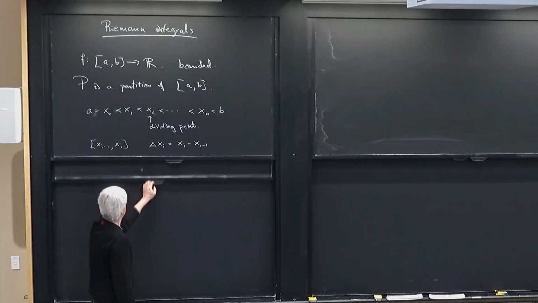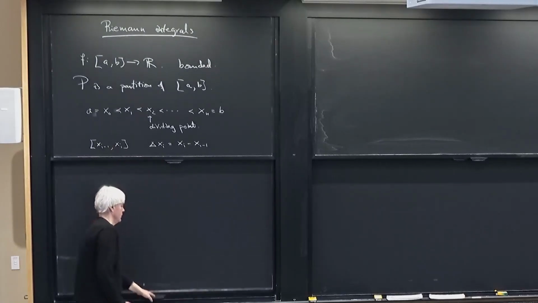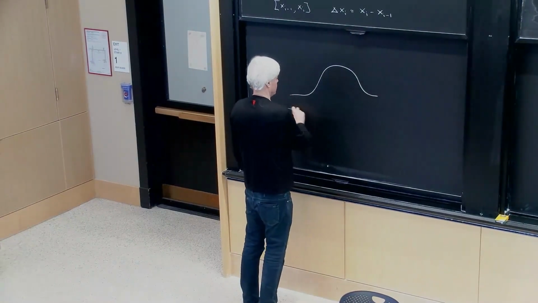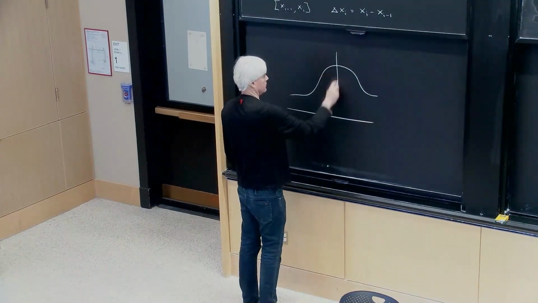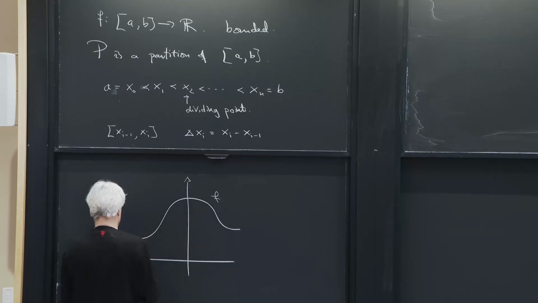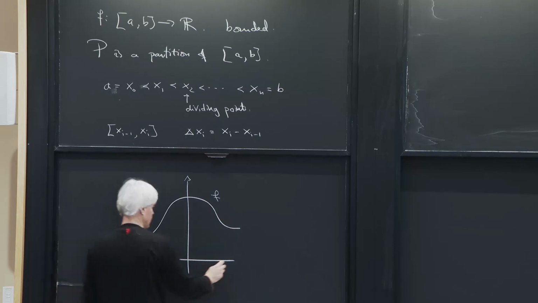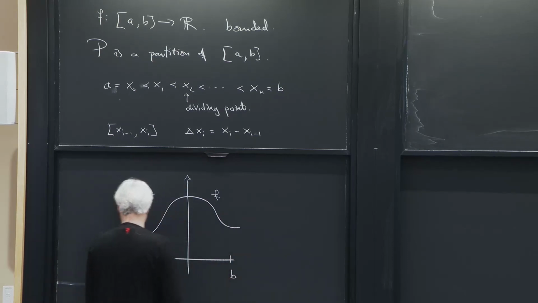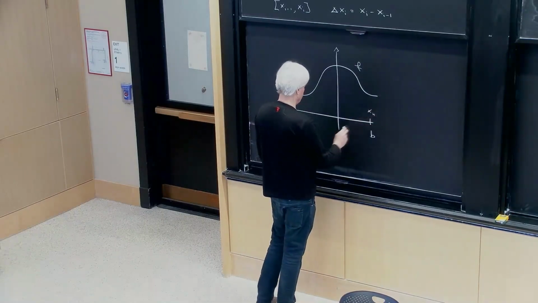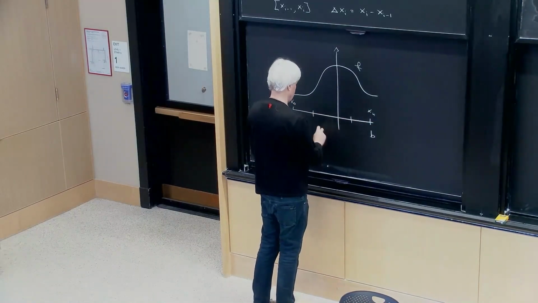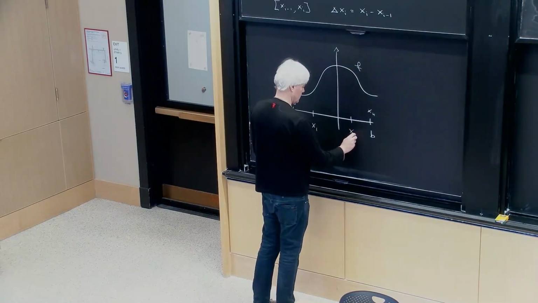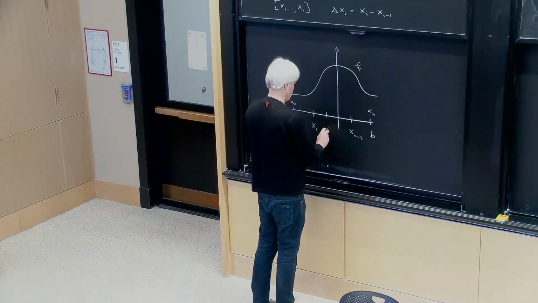So here, if you have the function, this is the function f, and here we have the interval from a to b. This here is the first dividing point, this is the last dividing point, and then we have these other dividing points in between, and this is maybe x2.